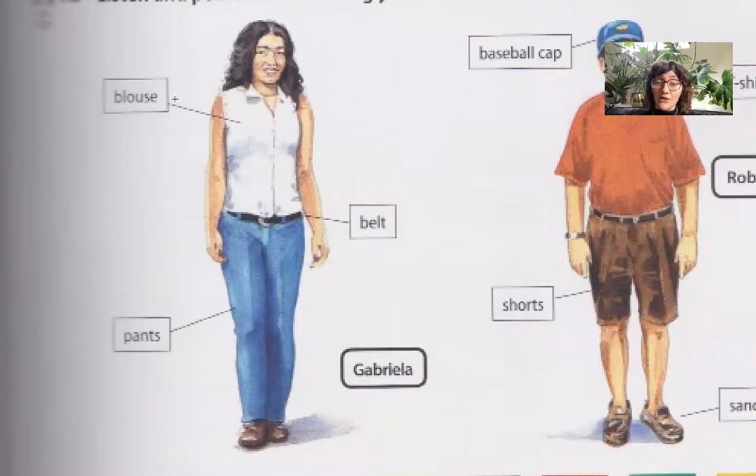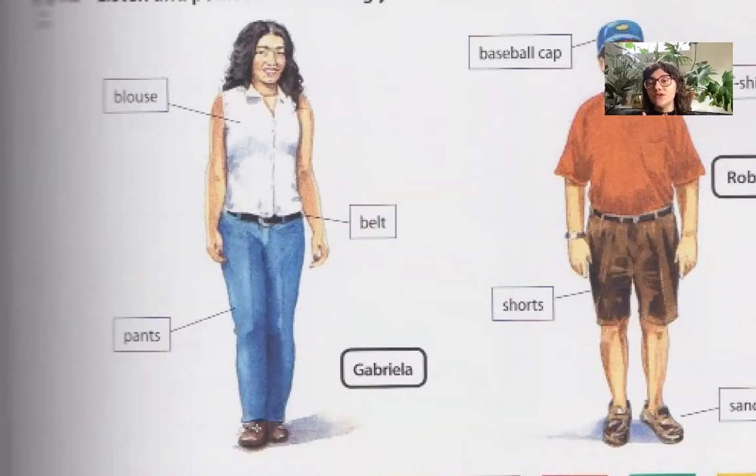She has a blouse, blouse, blouse, a belt, belt, and pants, pants, right? Pants. So a blouse, you'll remember how we say like shirt in English.